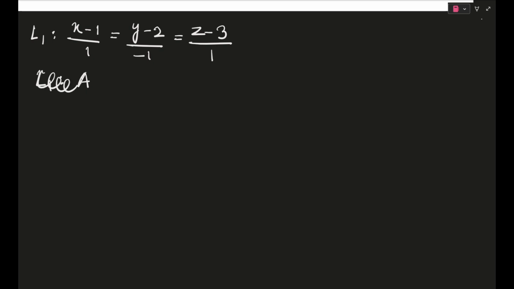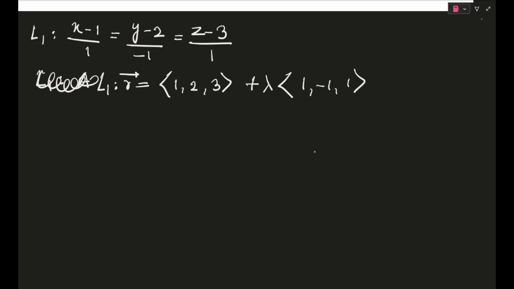Point A is already used in option D, so anyway, this is in the form of fractions, and I forgot what this form is called. We will convert this into the single line vector form, r vector equals a vector plus lambda b vector. So the equation for L1 comes out to be r equals (1, 2, 3) plus lambda times (1, minus 1, 1), where lambda is a constant.